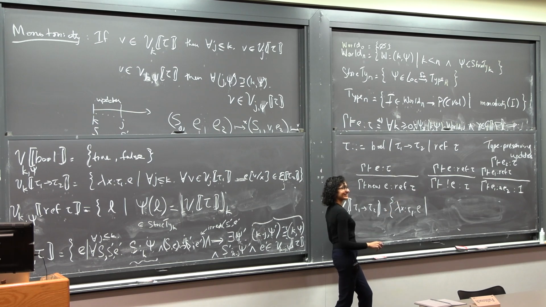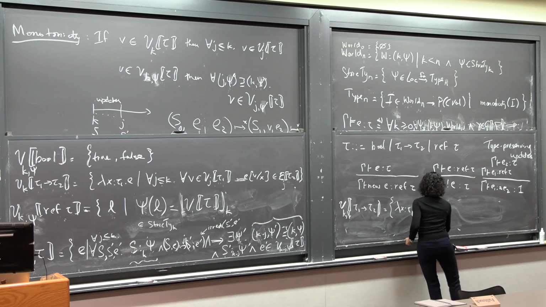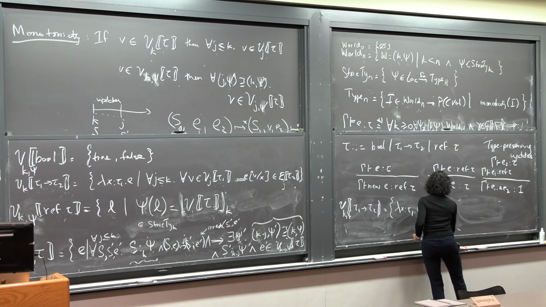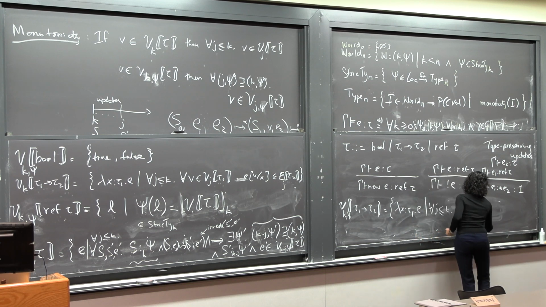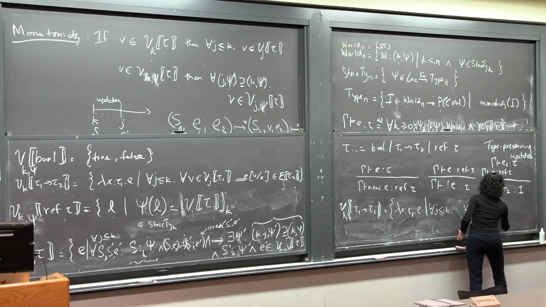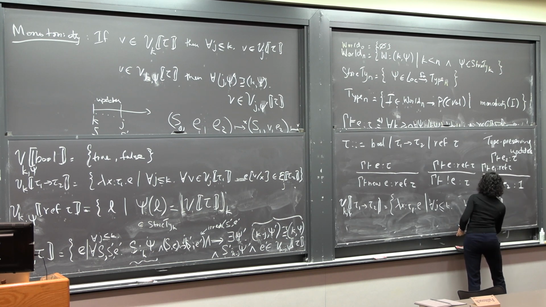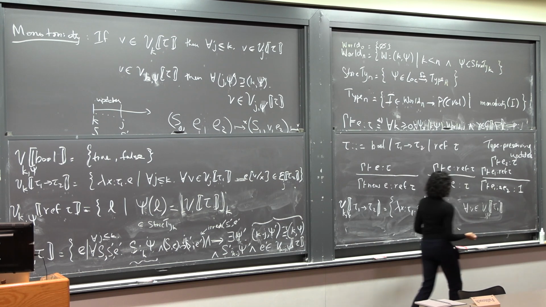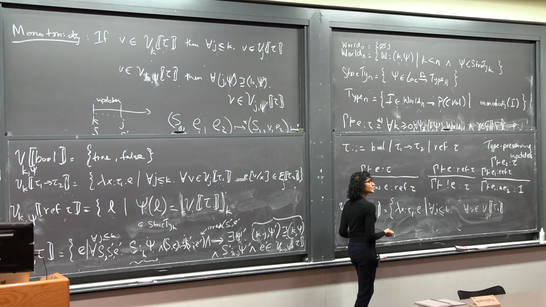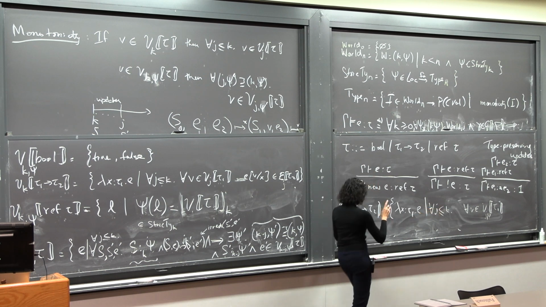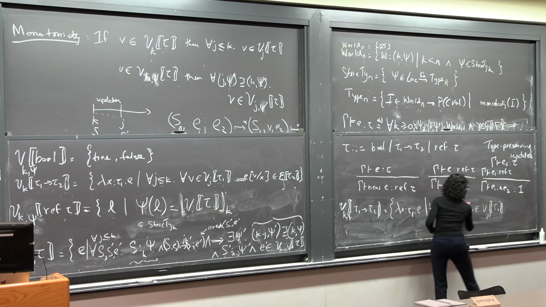Yes, Vadim. So for all j less than k. We want a value from j psi. Ah, psi is the current psi. So we need some psi prime which satisfies the current psi, some future psi in the future world, so we need the relation from future.